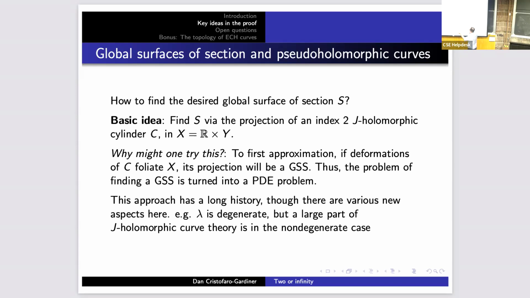That doesn't make sense in the degenerate case, but there are even more basic things. I just talked about the index, but in the degenerate case, this might not even be a Fredholm problem. So there's a lot that you have to do, and you also have to get very lucky. It took us maybe a decade to do this, and it was a combination of needing a lot of luck and just having to do a lot of work.